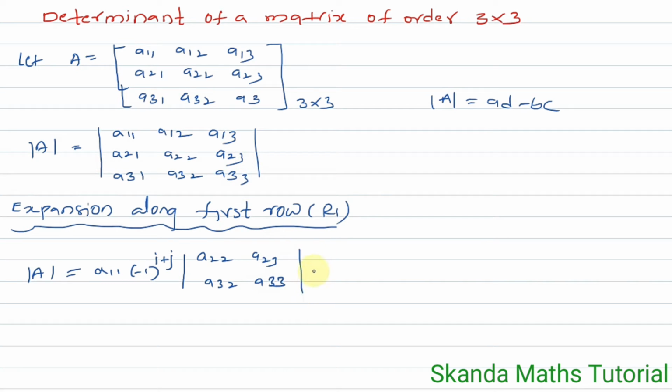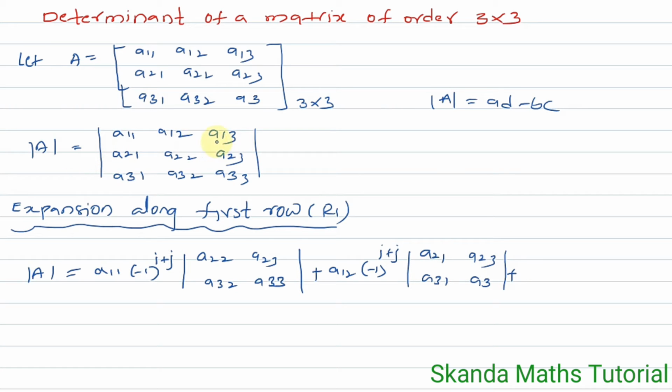Next, plus A12 into minus 1 whole power i plus j. Here I will explain what i and j are. This column and this row are eliminated. What you get, you write as a 2 by 2 matrix, that is the determinant of a 2 by 2 matrix. A21 and A23 are left, then A31 and A33 are left.